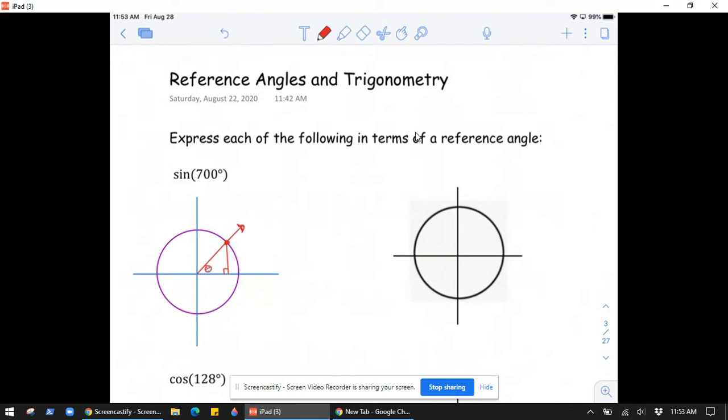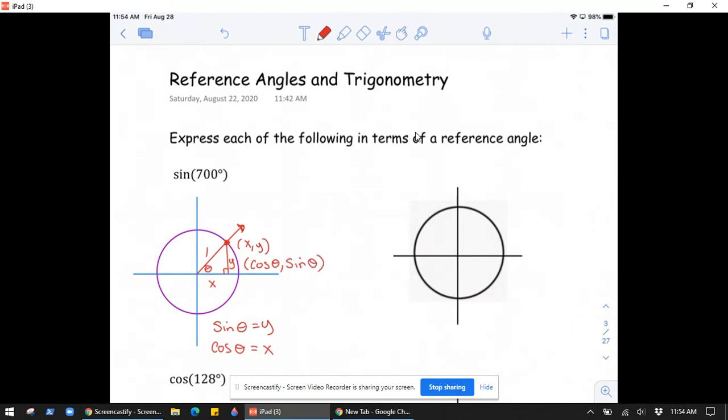And this point right here, again, it's the unit circle, so the hypotenuse is 1. This point here is x comma y. So, by definition, this bottom leg of the right triangle is x, and this height is y. By definition, the sine of theta is y over 1, which is y. The cosine is x over 1, which is x. So we can think of this point as x comma y, but also cosine of theta, sine of theta.